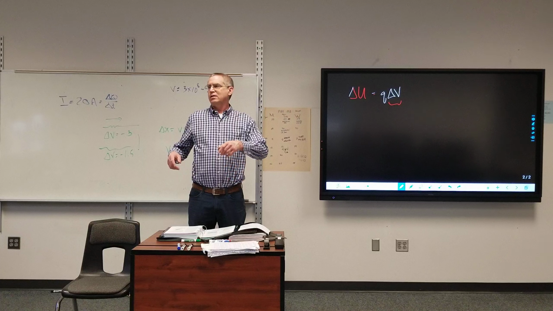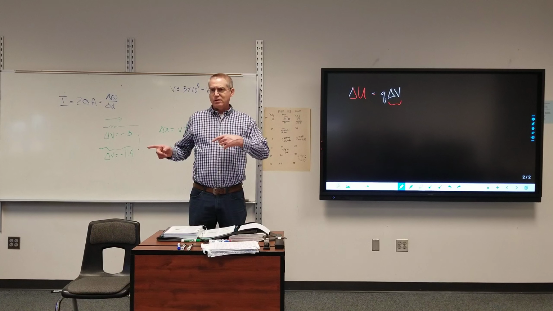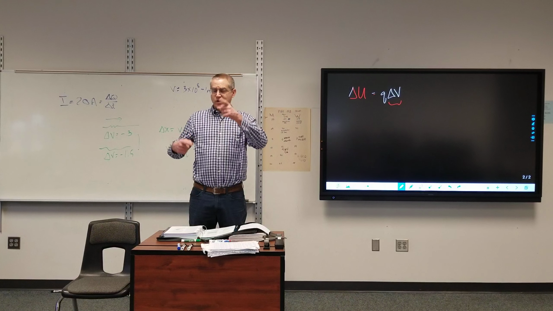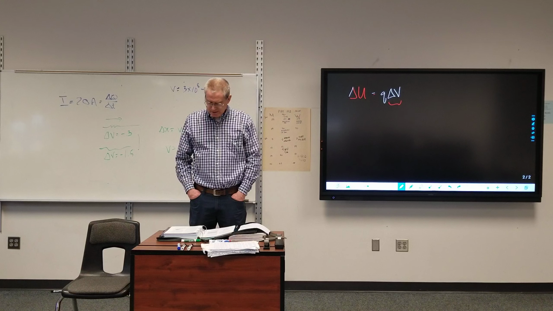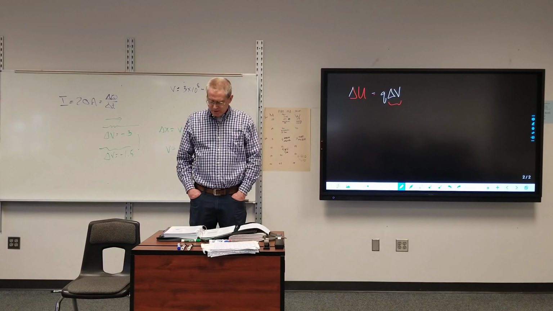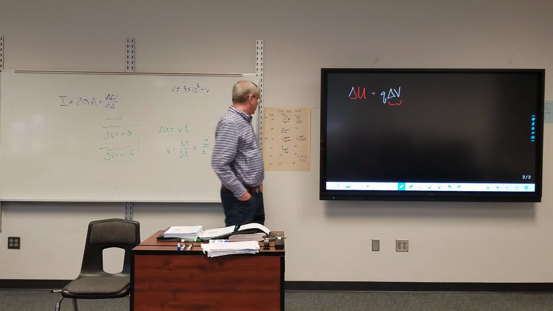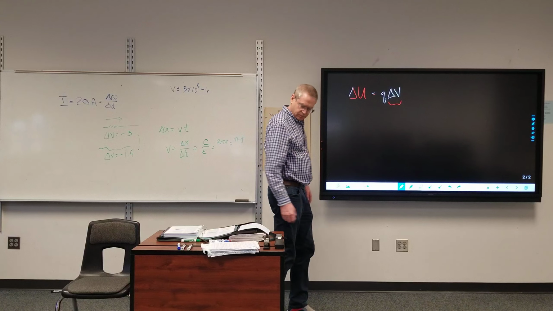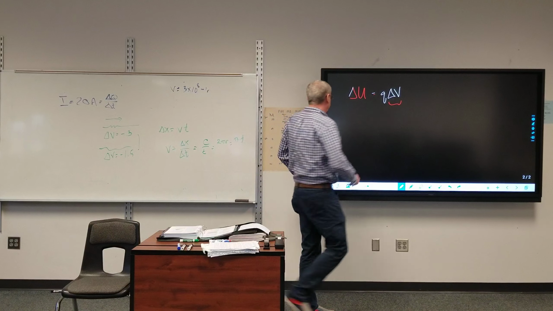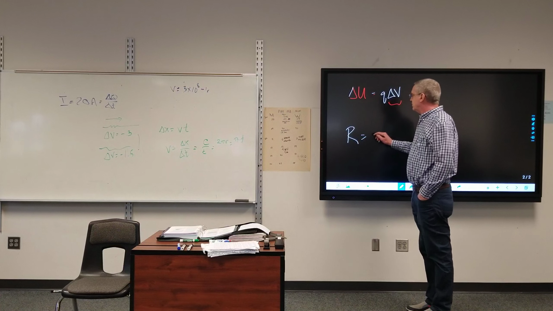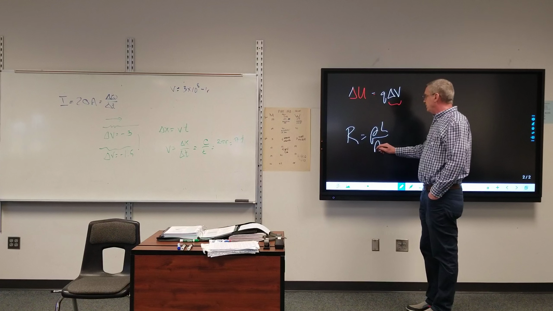I also have a question regarding 27. I have one on 26. Oh, what's the other one on 26? So we start with R equals rho L over A. How does that become L equals pi r squared over rho? So resistance, rho L over A, as you just said.